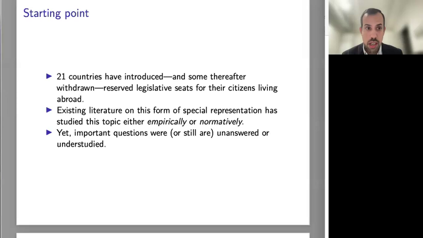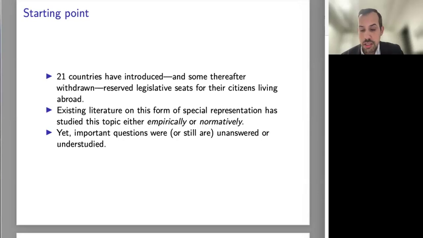And of course, the first component of this presentation is about associating special representation with the stakeholder principle that Rainer theorized in 2007.